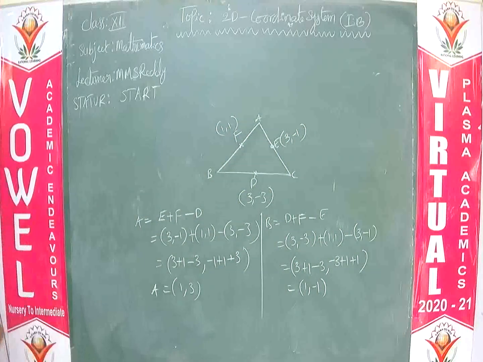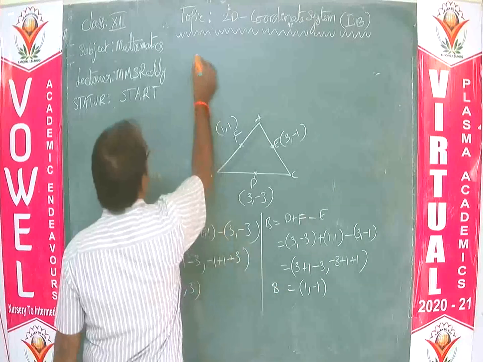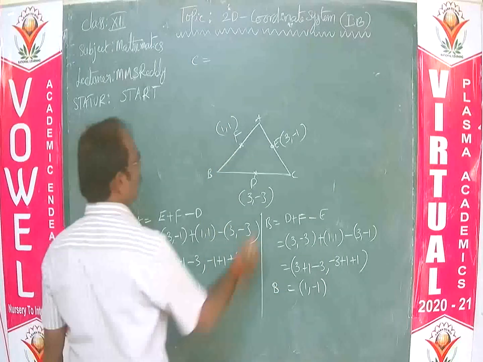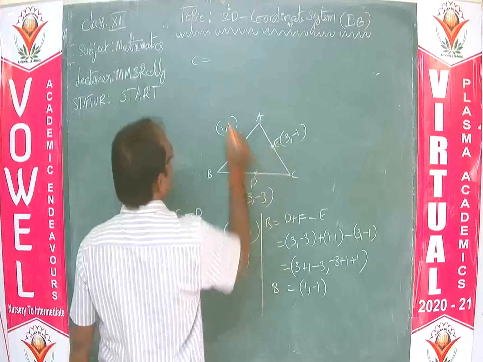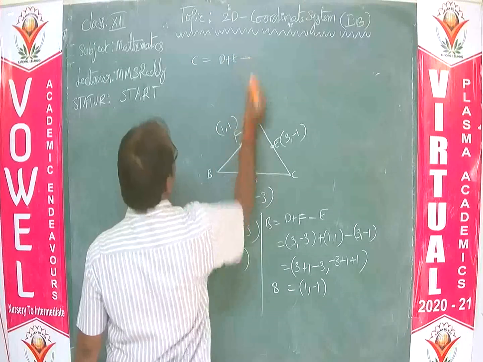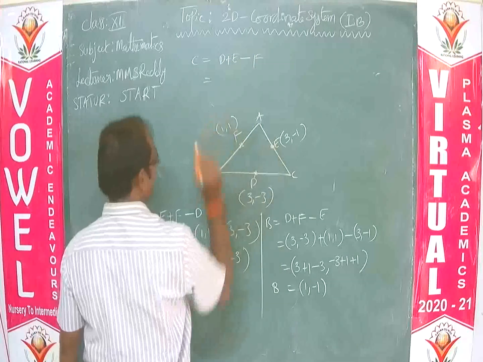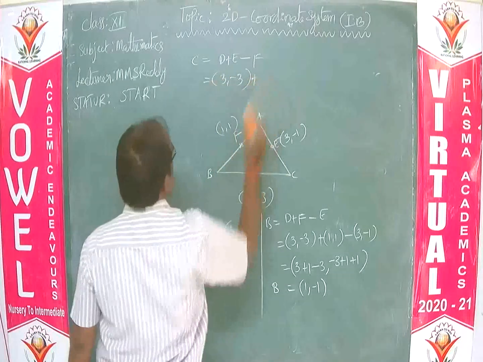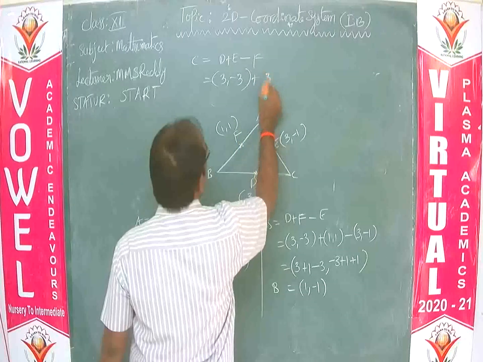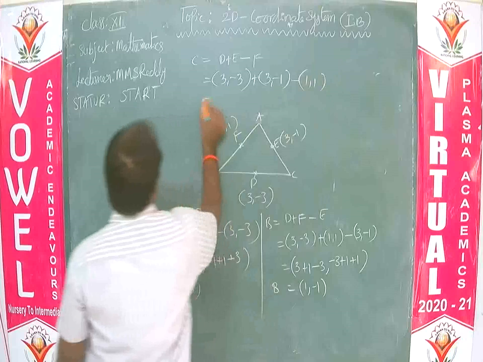The third vertex C is equal to D plus E minus F. Here D is 3, minus 3, E is 3, minus 1, F is 1, 1.